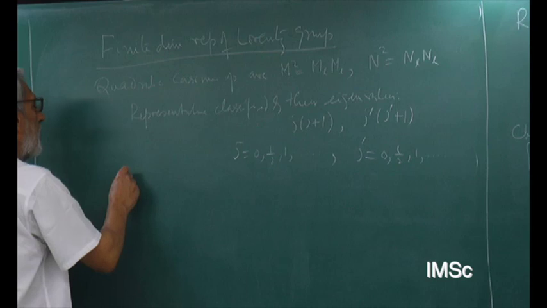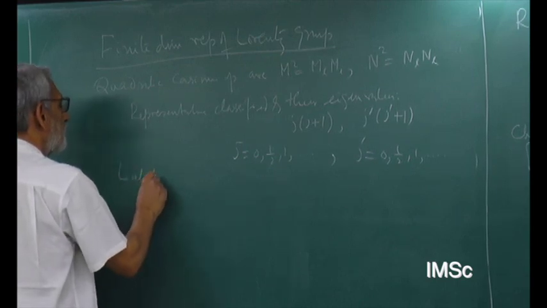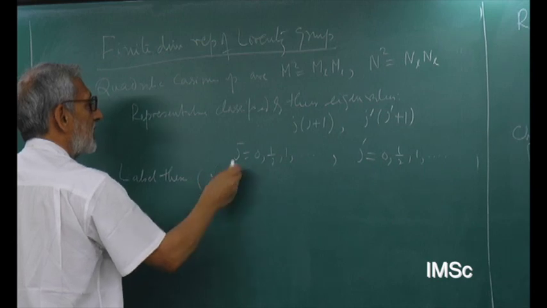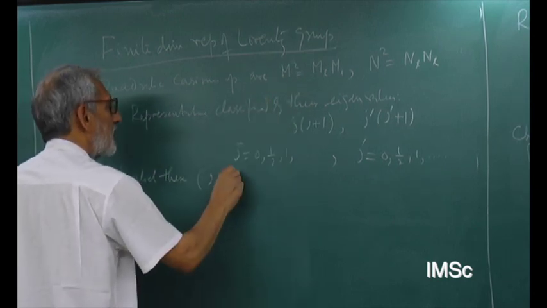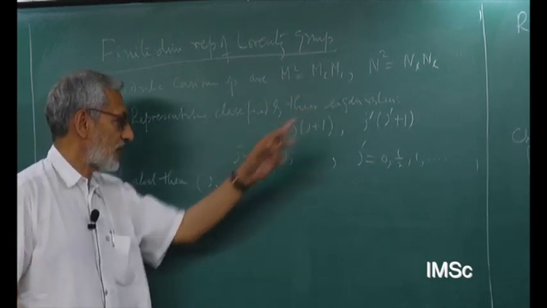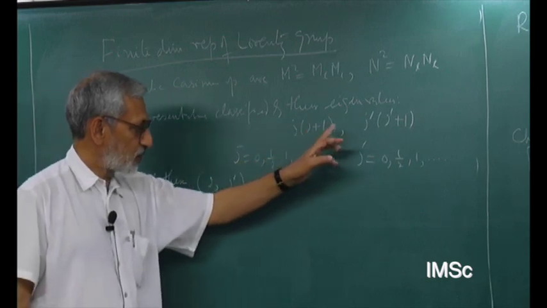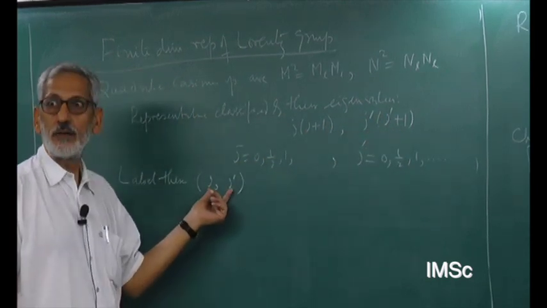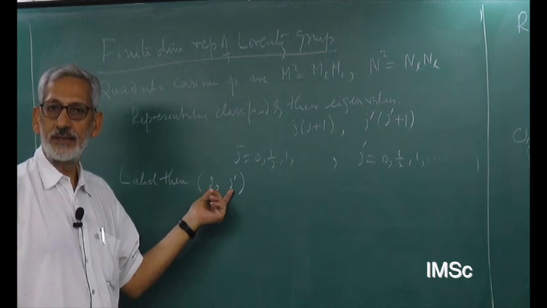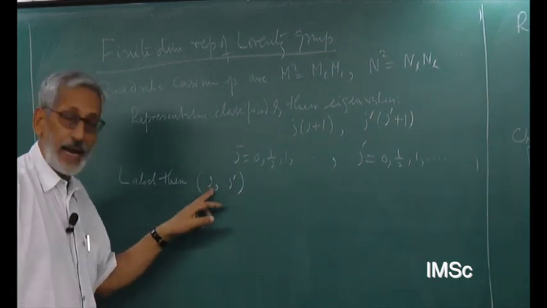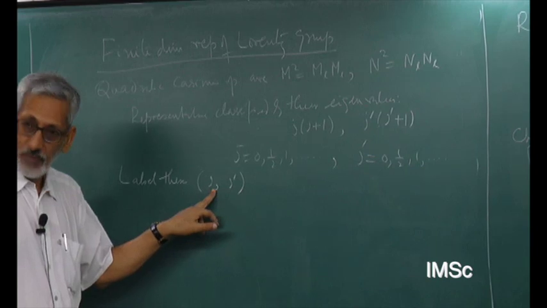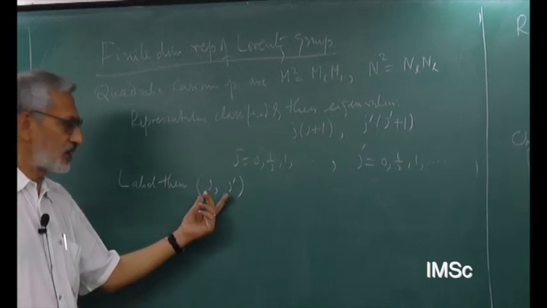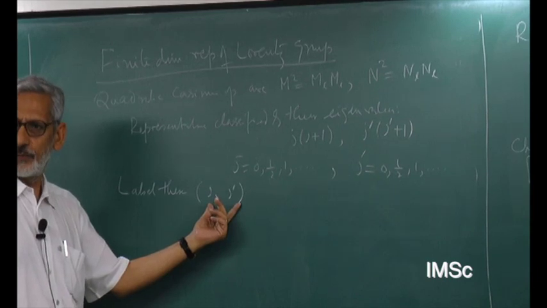So we'll now label these representations by specifying the eigenvalues of M squared and N squared, where they are given by j into j plus 1 and j prime into j prime plus 1. So by two sets of half integers. I am not writing the m numbers for them. Each one of them will have m components. So I am suppressing that information just to shorten my notation.